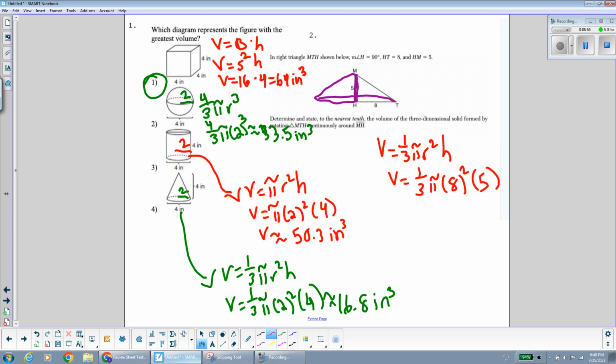Let me plug this into my calculator, and it does say to round to the nearest tenth in the question. 1/3 pi, 8 squared, 5. So that is approximately 335.1 units cubed. It doesn't tell us what the units are, but we should always include our units. They're very important, especially later in the video when we start talking about some more difficult volume questions and density, and we start seeing that conversions might be necessary.